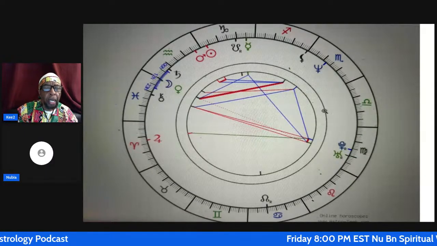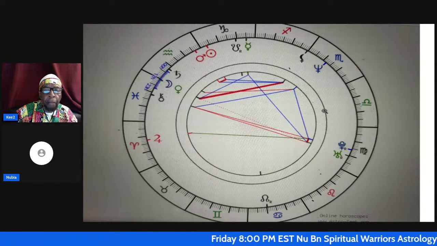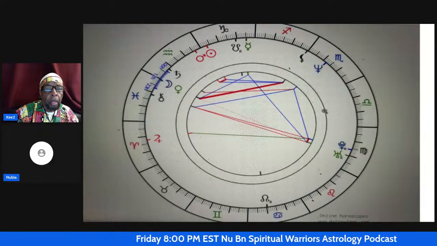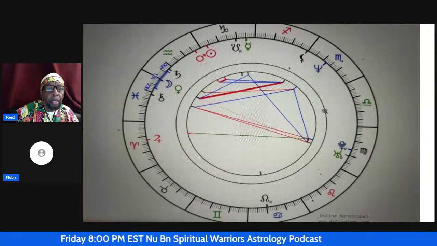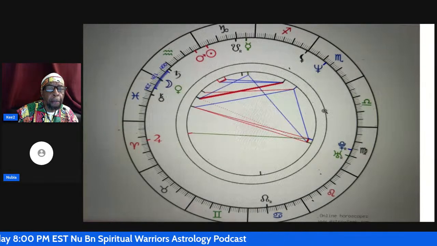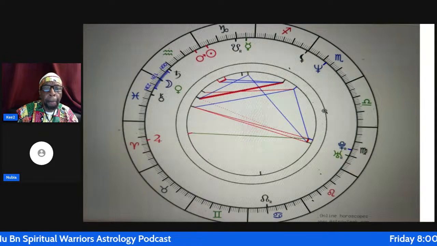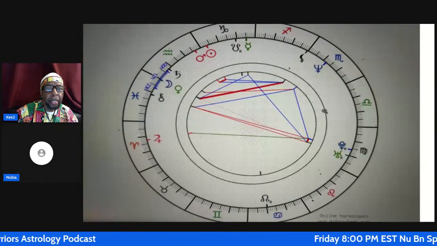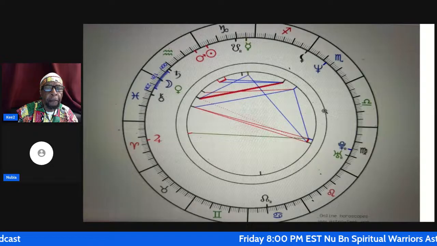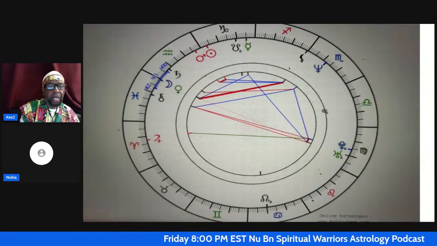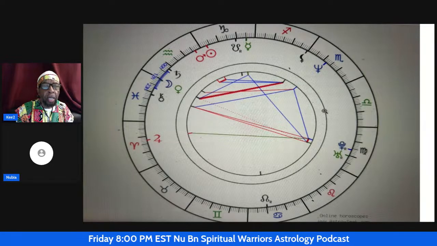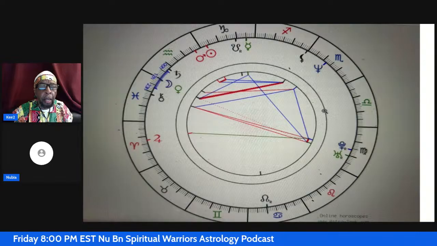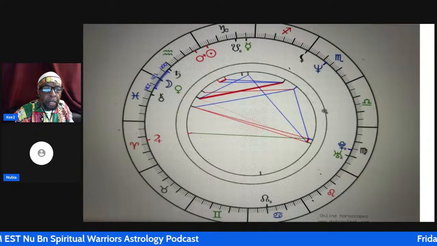Moving further down, we have Saturn. But it looks like it's in Pisces. I'll double check that as I go. Let's see. Yeah, it looks like it may be in Pisces because of the change.